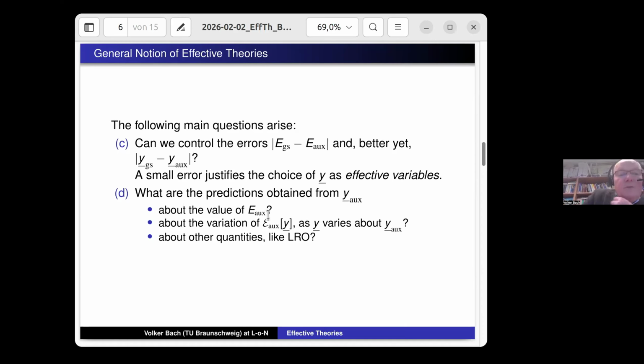So then we are also interested in predictions that we can derive from this auxiliary functional. If we study a system in condensed matter physics, can we derive some long-range order of the system?